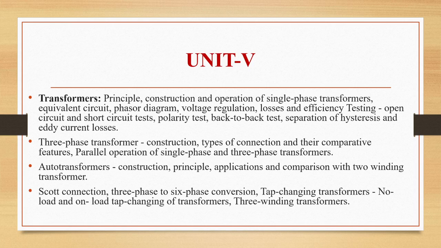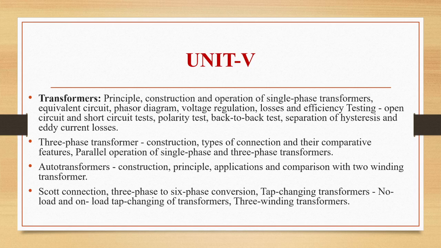No mechanical losses in transformers because there are no rotating parts in a transformer. Only iron and copper losses will be present in the transformer. Then we have seen the condition for maximum efficiency, OC SC test, polarity test, back-to-back test, and separation of hysteresis and eddy current losses. In the last class, construction and types of connection of three-phase transformers we have seen.